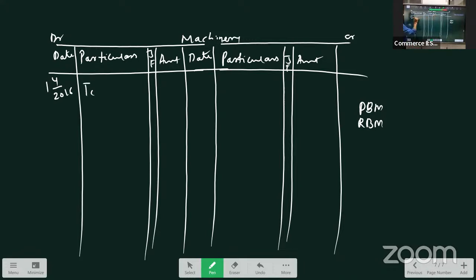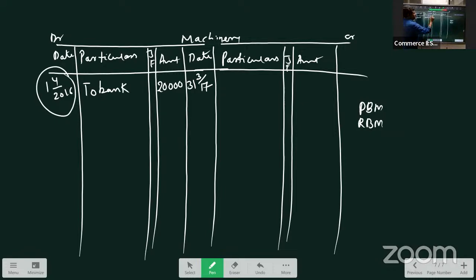So I'll write it on the debit side, to bank. We are closing the books of account on 31st March 2017, exactly after 1 year, so depreciation is to be provided for 12 months.